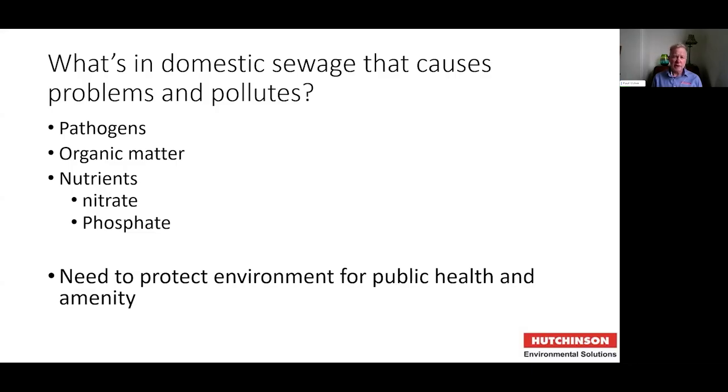We're sort of like at the top of the food chain, so everything that we excrete becomes food for other animals and microorganisms further down the food chain. And as Rachel's already said, there are nutrients in there, which are basically fertilizers, nitrate and phosphate.